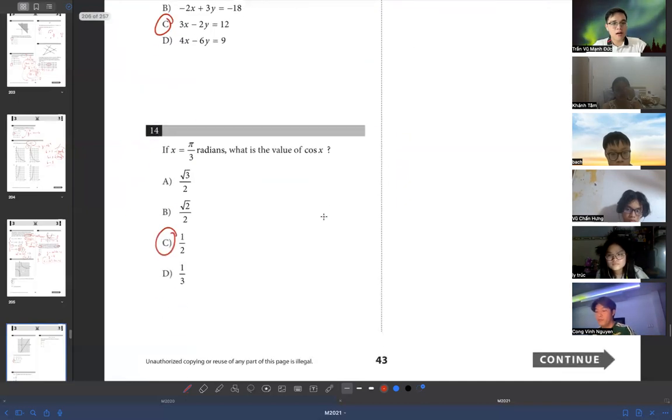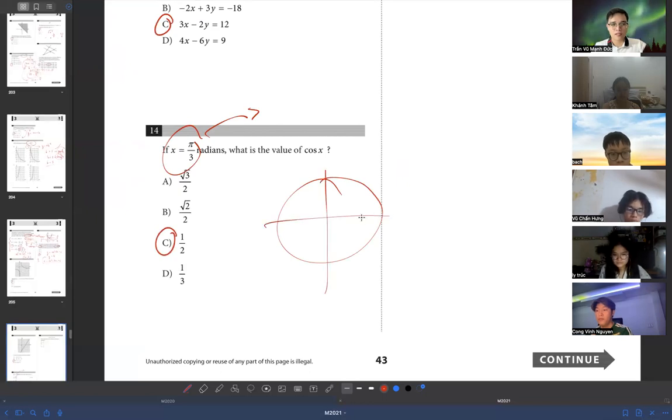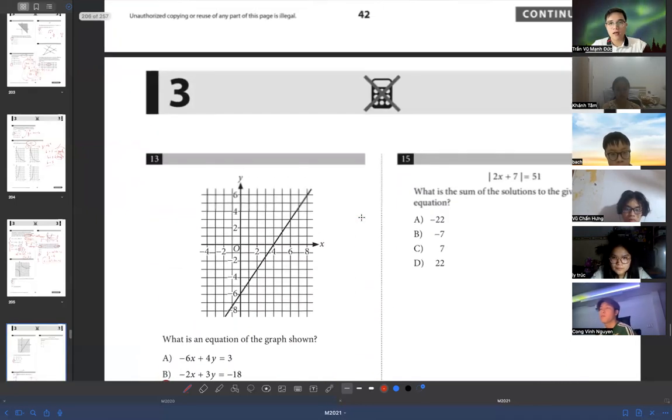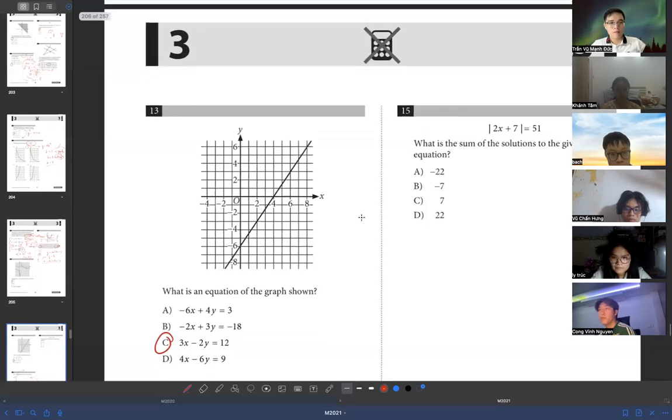But if you remember how to convert this into degrees and then use the circle of trigonometry, that's totally fine. But in this case, we're going to use the calculator for safe measure because of time, right? C. Next is 15. B. 15 is B. Right, this is very simple.